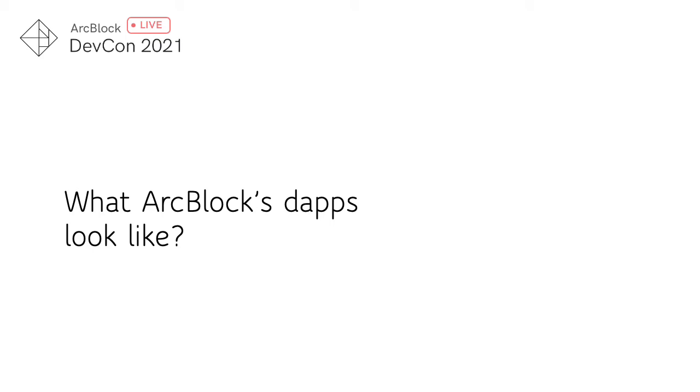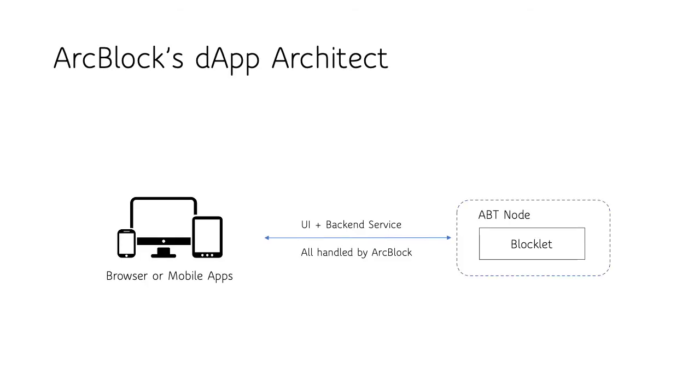Now let's look at what dApps look like with the ArcBlock platform. This is a typical architecture of a decentralized app with ArcBlock. To run the dApp, all you need is ArcBlock itself. The dApps are blocklets. They run on the ABT node, and it provides the full user experience, including all the UI components that are necessary for the app.